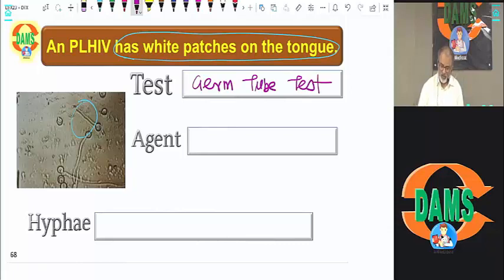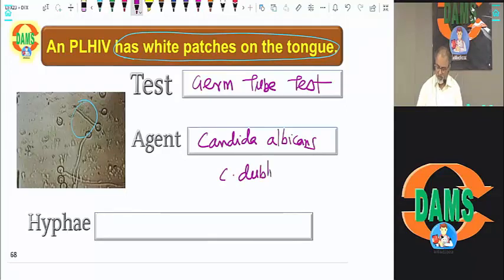It is positive in Candida albicans, especially in HIV. And one more, Candida dubliniensis. But in HIV the most common is Candida albicans. What about the hyphae? It produces pseudohyphae.